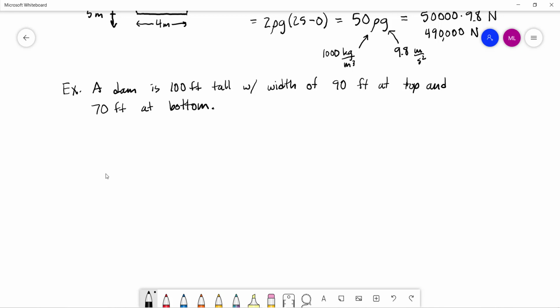What is the total force on the dam? It's the total hydrostatic force on the dam, assuming it's all the way full. So we're going to assume that the water's literally all the way up to the top of the dam.